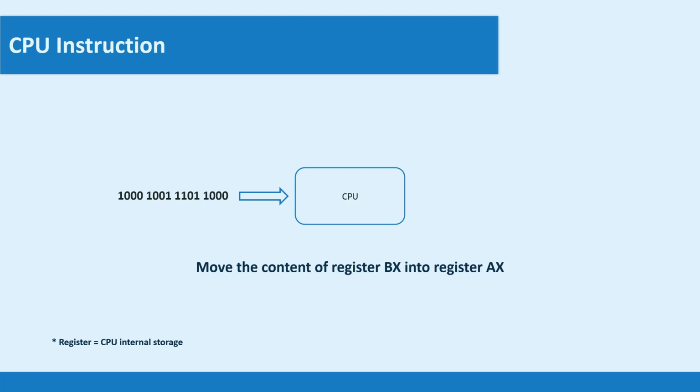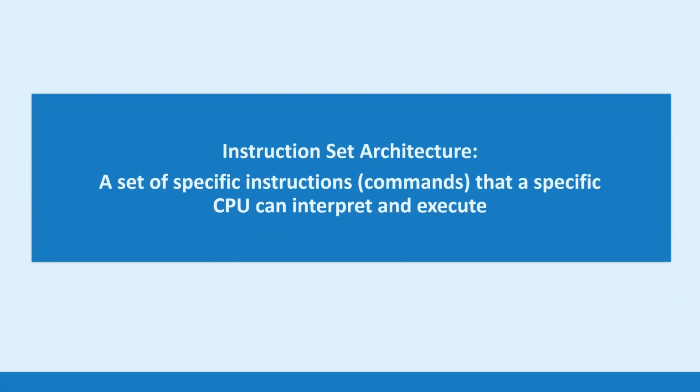As you might guess, the bits that represent a specific command are not random. There are clear definitions of what commands CPU knows to interpret and what it does in response to these commands. Each of the valid sequences of bits that CPU knows to interpret as a command is called instruction. And the total set of commands that CPU knows to interpret is called CPU instruction set.